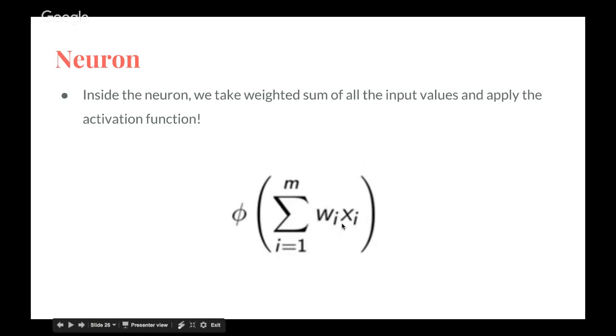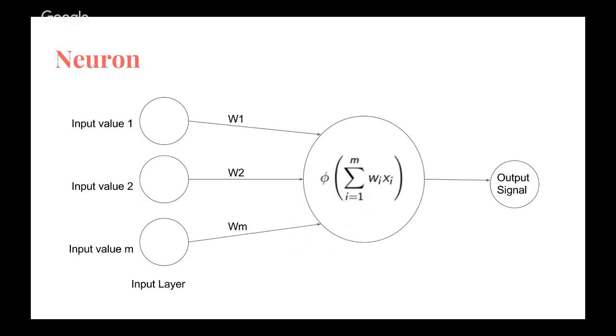Then we apply an activation function to this value, and that returns us an output. Activation function, another daunting term. Don't worry, it took me some time to understand this term myself. An activation function is a function which takes the weighted input and provides us an output.